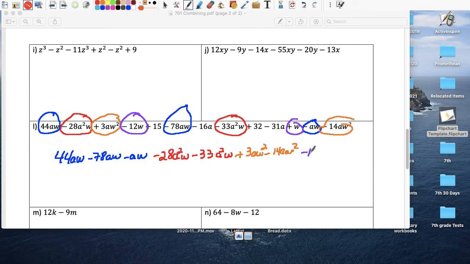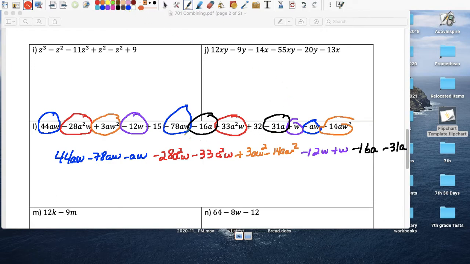So minus 12w plus w. Oh, actually, yeah, there are some just a. Recall, two terms with the variable a, minus 16a, minus 31a, right?